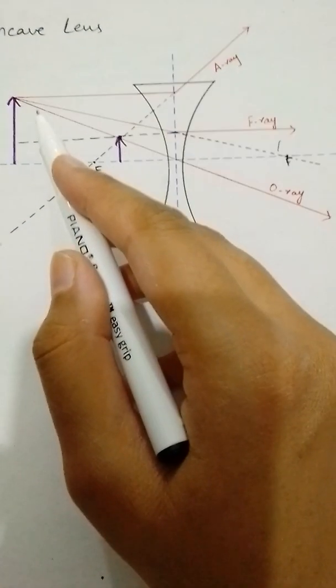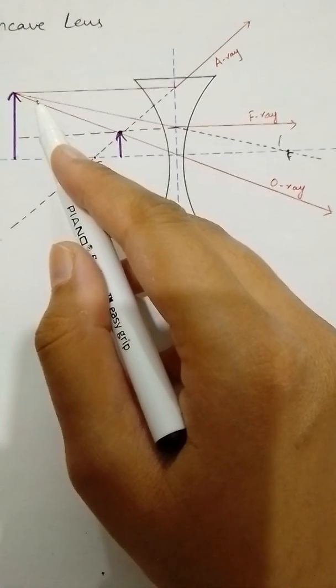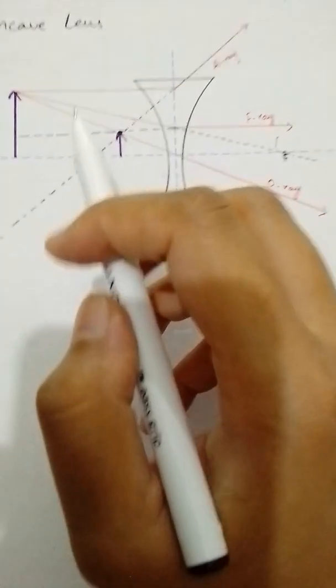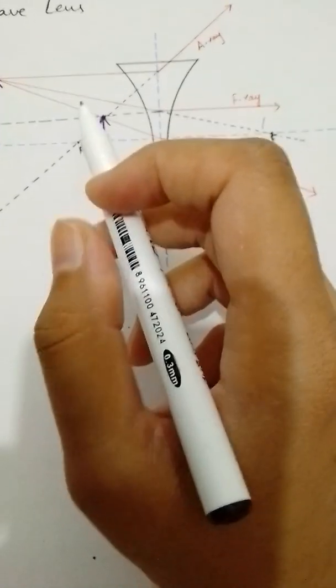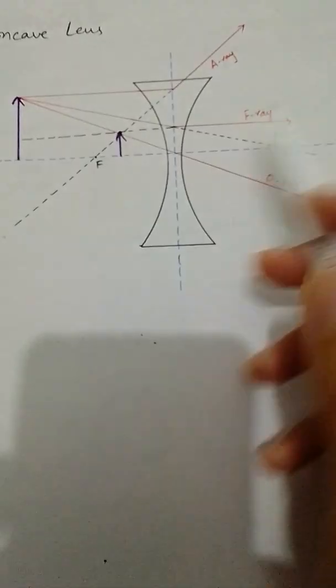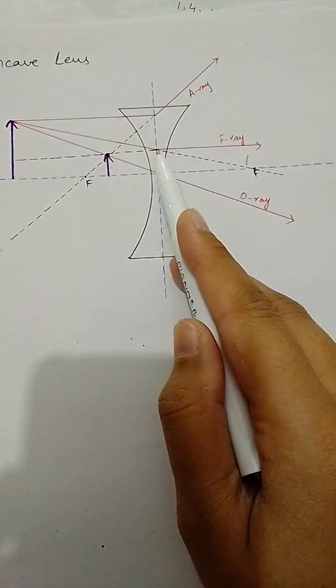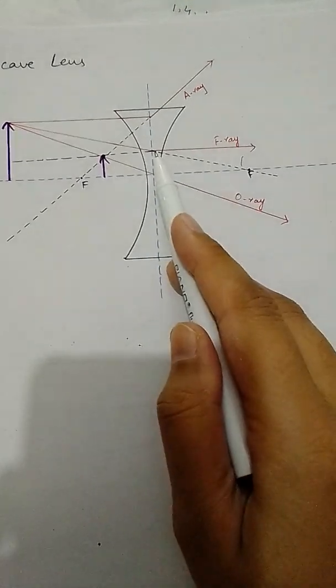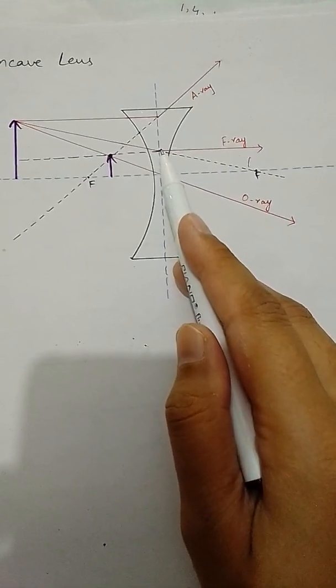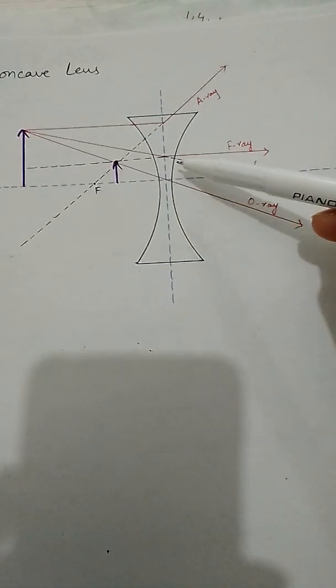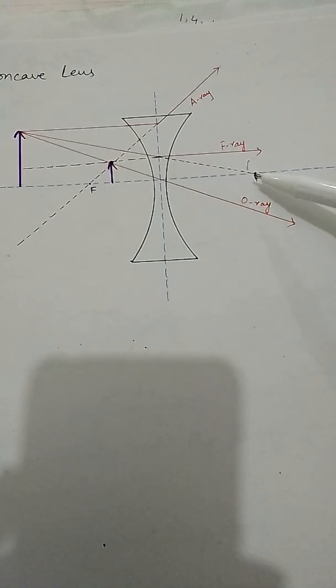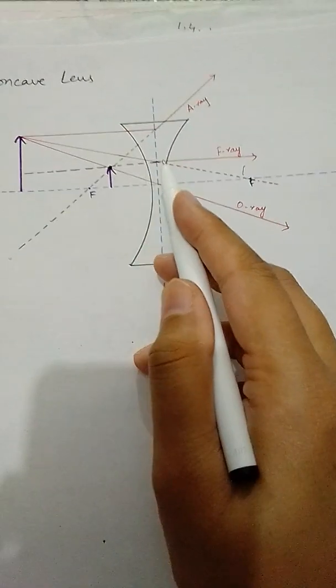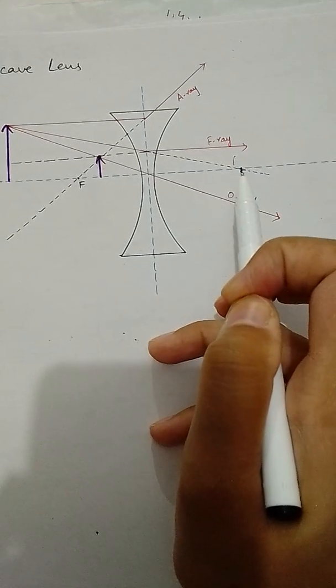The second one is the F ray. The F ray first passes through the focus and then parallel to the principal axis, but we see that after striking this lens it gets parallel. So when did it strike the focus? Of course, when we redraw this line over here, we see that it was passing through the focus.